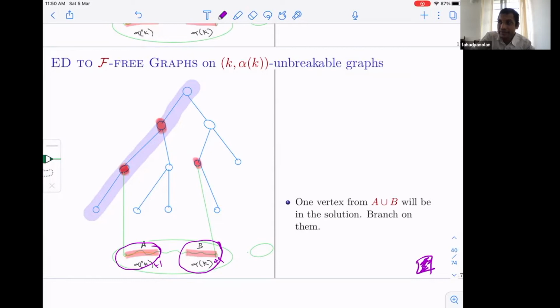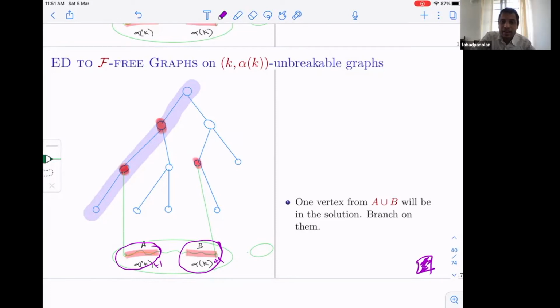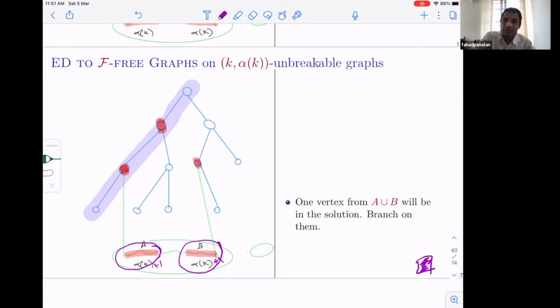Okay, a forest with depth K, and the number of vertices in the forest will be some function of K. Then you are going to get an FPT algorithm by branching. But not in general graphs. Correct, not in general graphs, but in K alpha K unbreakable.